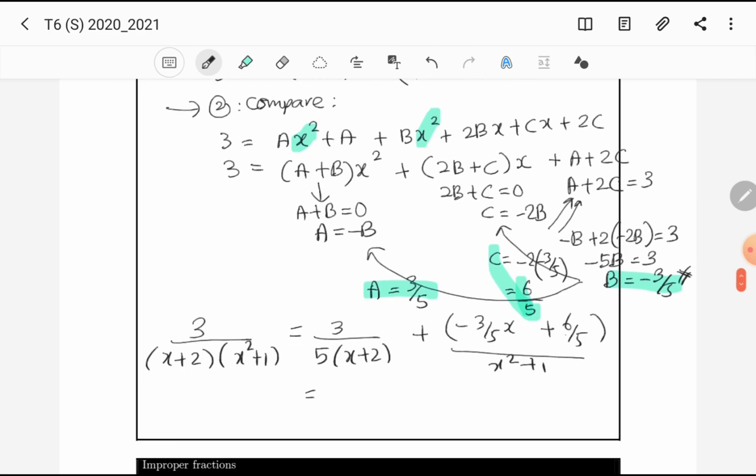Or we can write as 3 over 5 of x plus 2 plus, okay, negative 3x plus 6 divided by, so we write down 5 as the denominator, so 5 of x squared plus 1. Okay, settle for example number 15.